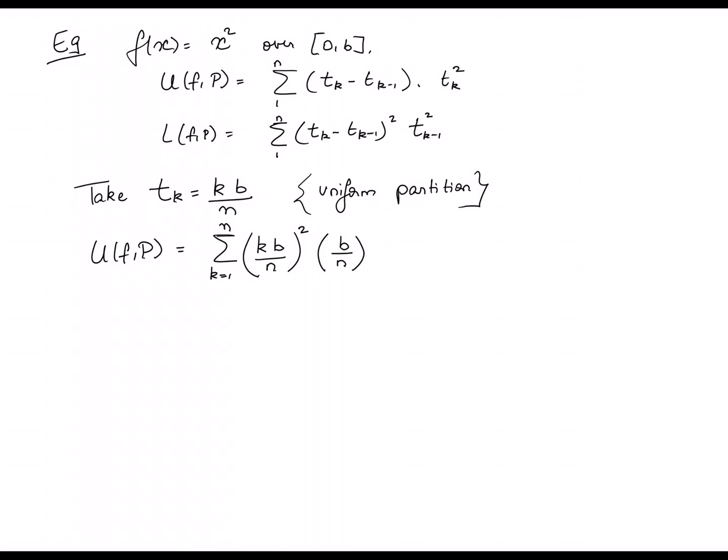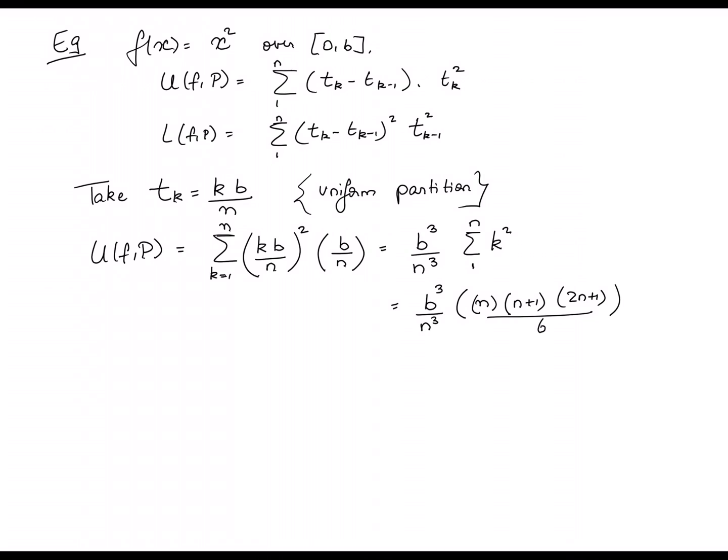Alright, so you can now simplify this to b cubed by n cubed times the summation of k squared running from 1 through n. Now this again has a simplification: b cubed by n cubed times n times n plus 1 times 2n plus 1 by 6.